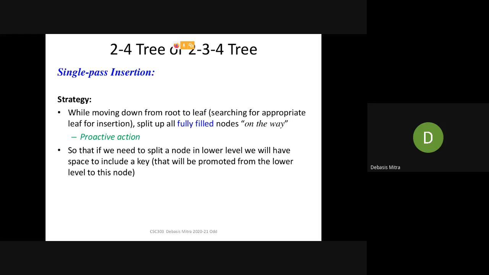Split it and adjust such that when I reach the leaf, the path I follow for the downward pass is the same path I would have had to follow for the upward pass for adjusting the capacity. But if I am already taking proactive action to make sure that no node in that path has maximum capacity, all nodes have at least room for one more element, then I would never require that upward pass again.